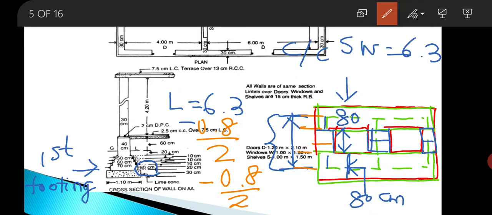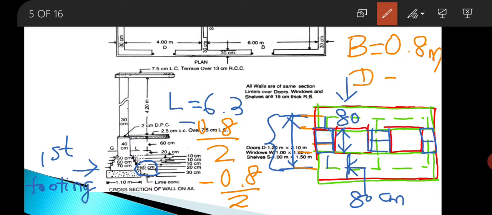So this is the length and this one is the width. The width on all the sides is 80 centimeter, so B is equal to 0.8 meter.